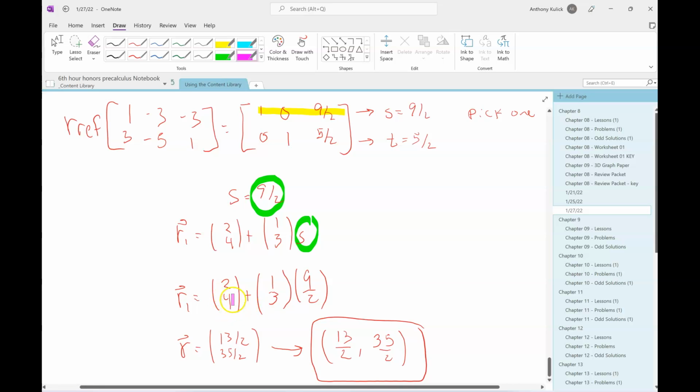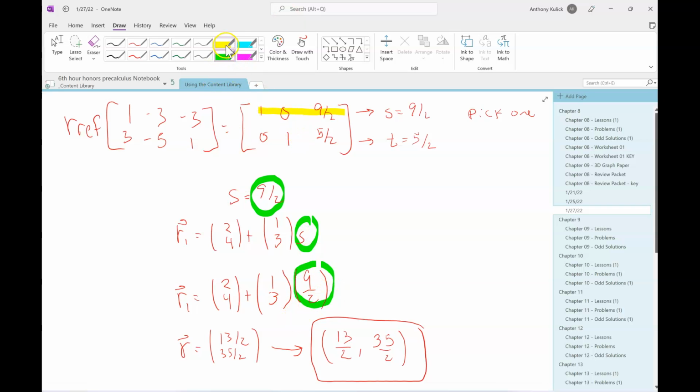Plus 8/2 is 35/2. So again, the tricky part there, the place that's easy to make a mistake, is you have a scalar and then you have a vector. One of them has a fraction bar, the other has no fraction bar. It's easy to mess that up.